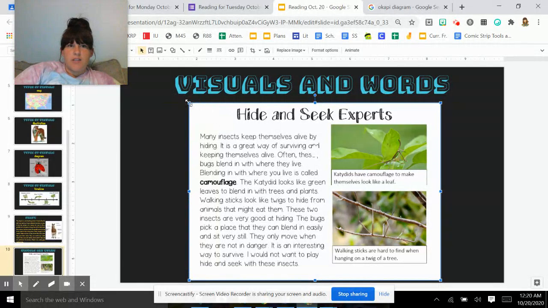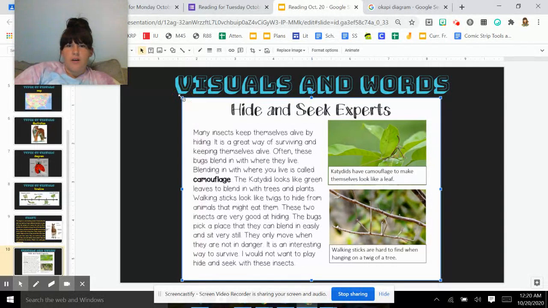It says walking sticks are hard to find when hanging on a twig of a tree. And so they're hanging on that tree right there, looking just like a freaking stick. That's why it's called a walking stick. And again, there are no words in this world that this author could put in this text that would make me be able to see and visualize how much that this dang animal looks like a stick. But it does. It looks just like a stick.